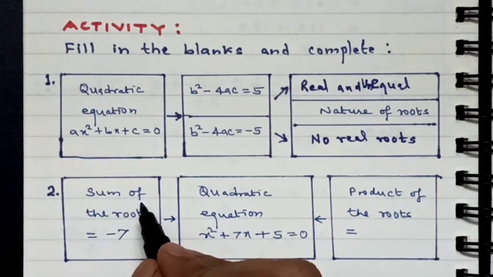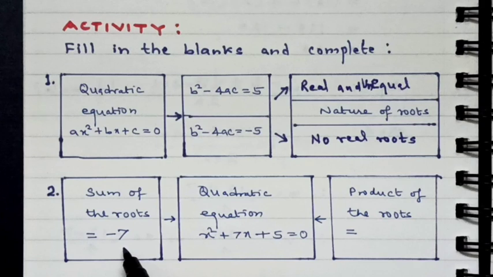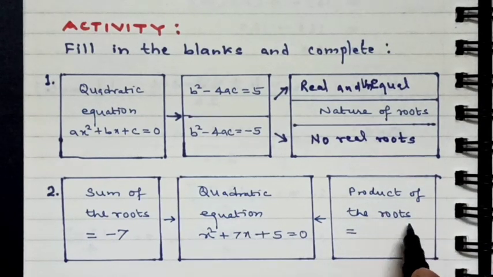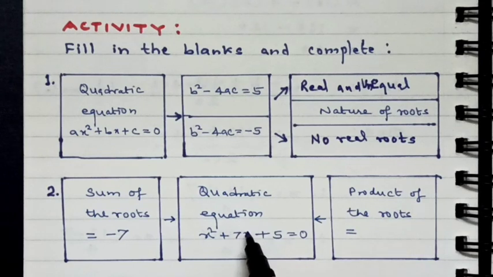Sum of the roots is equal to minus 7. We have to find out the product of the roots, and the given quadratic equation is x square plus 7x plus 5 is equal to 0. My dear student, here a is equal to 1. Therefore, the sum of the roots, alpha plus beta, is equal to only minus b.